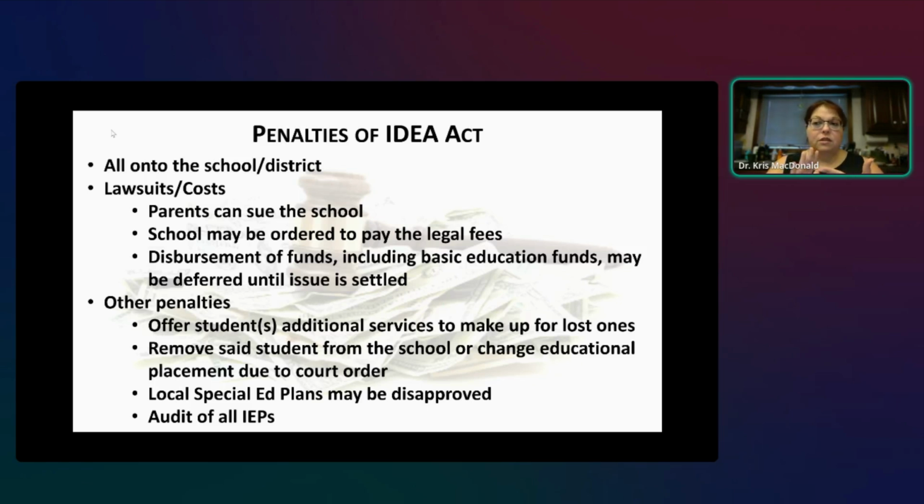They also receive state funding and they receive federal funding. And that funding can increase or decrease based on the number of students they have in their school and or district who require special education services, or basically who have an IEP.